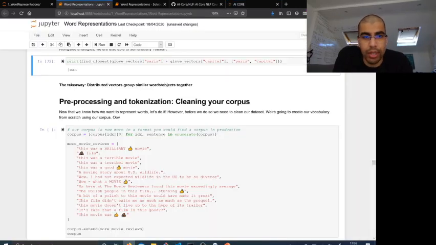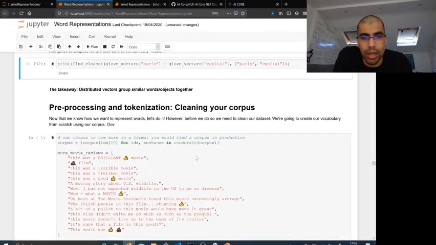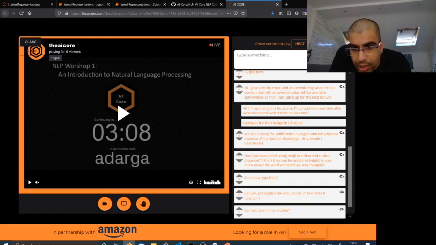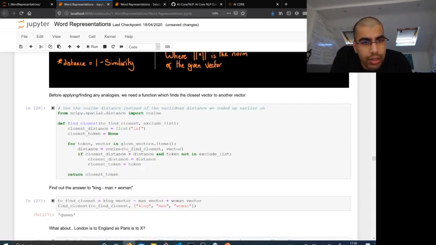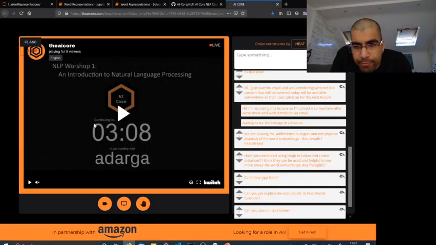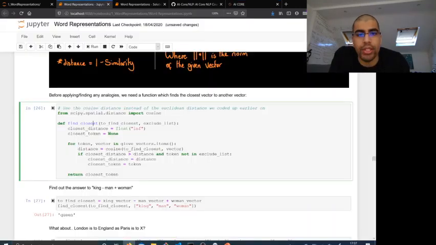Yeah, sorry, I'll zoom in. And what was this other question? The Euclidean in the find closest function. Oh, the exclude list.